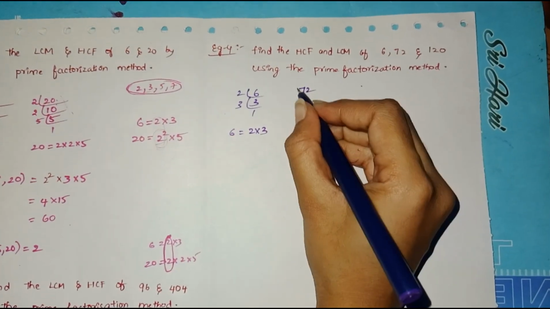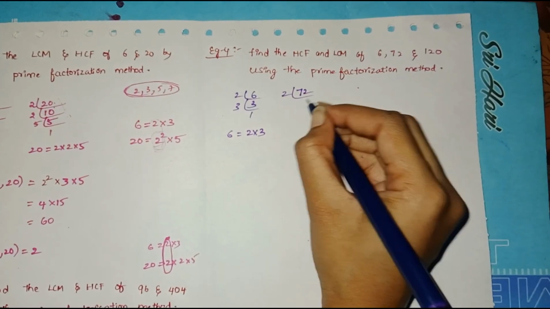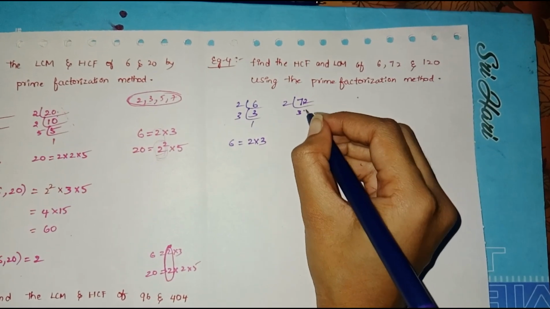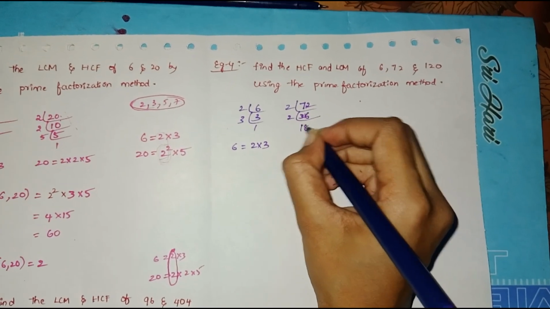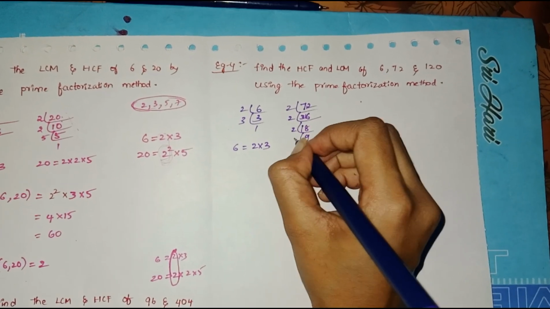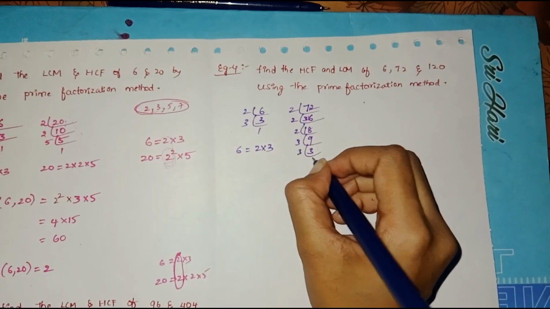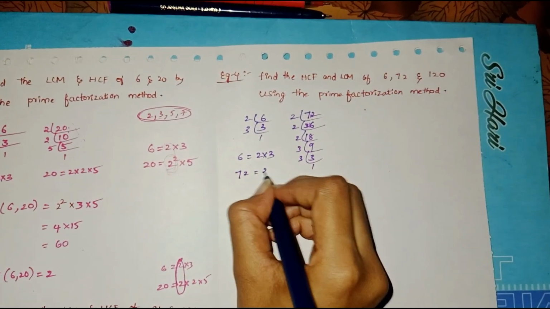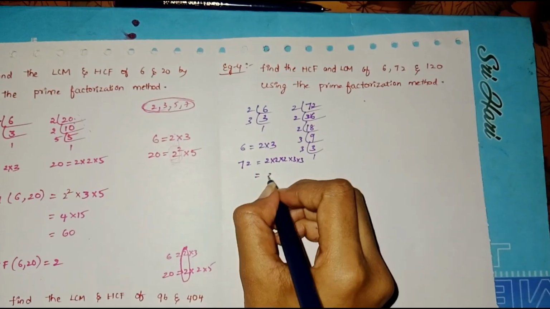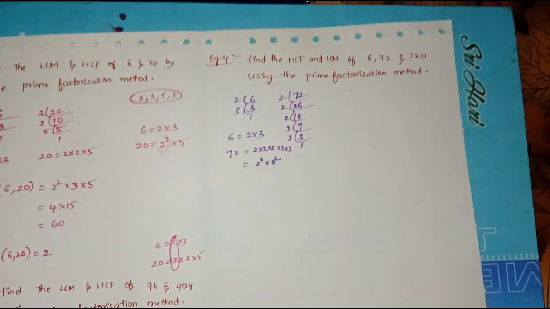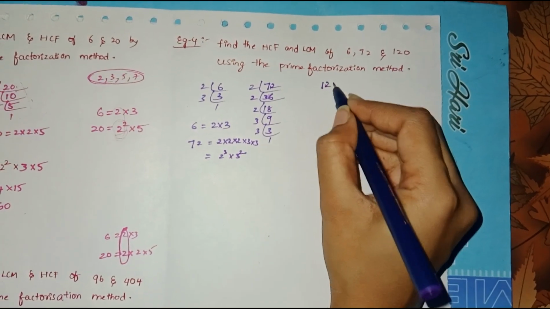Prime factorization for 72: 2 into 2 into 2 into 3 into 3. It can also be written as 2 cube into 3 square. Do prime factorization for 120.